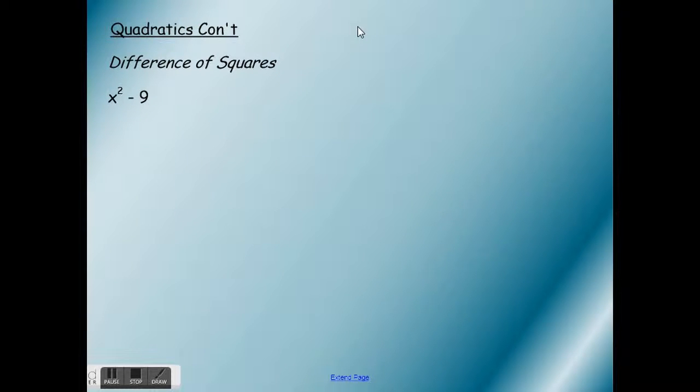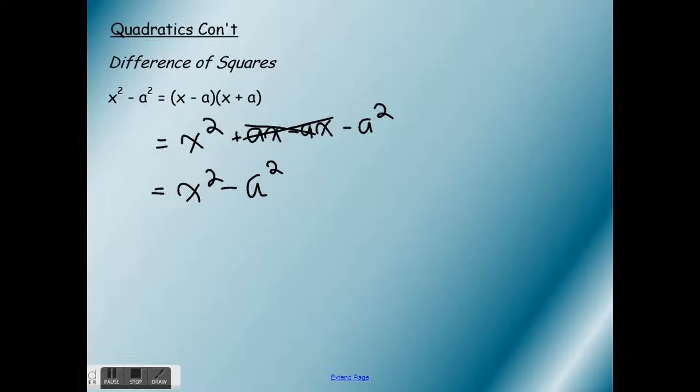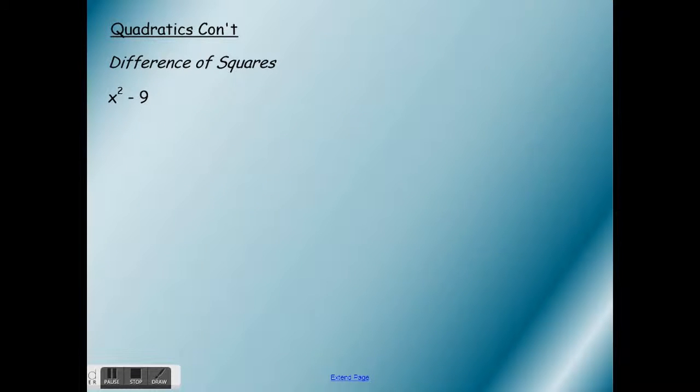So I have x squared minus 9, and I want you to factor that. Difference of squares. Make it bigger.